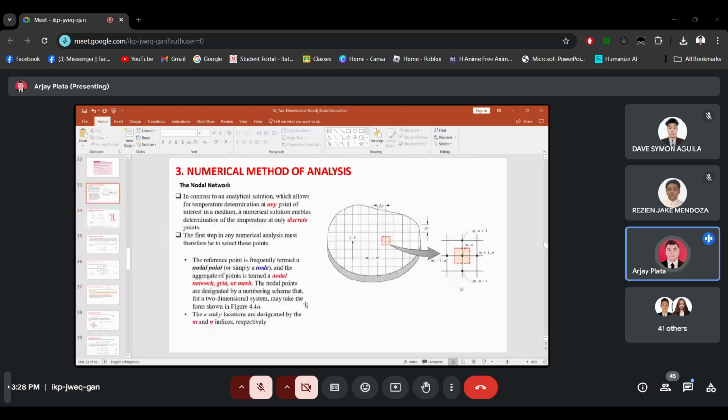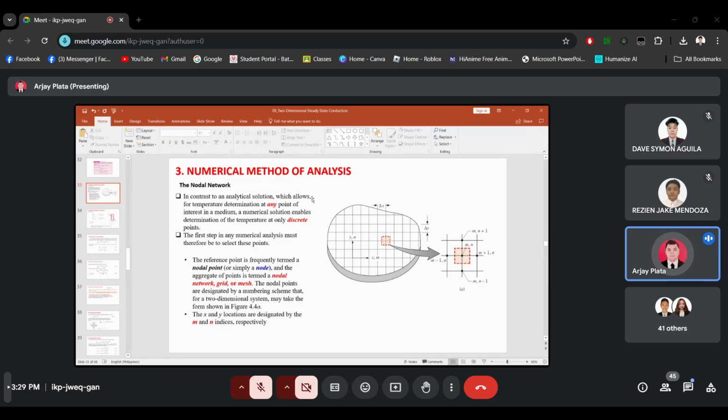But first we go to numerical methods of analysis. In contrast to an analytical solution, which allows for the temperature distribution at any point of interest in a medium, the numerical solution enables determination of the temperature at only discrete points. So if the problem only wants to solve for the temperature at discrete points, for example temperature Mn, then you have to use the nodal network.